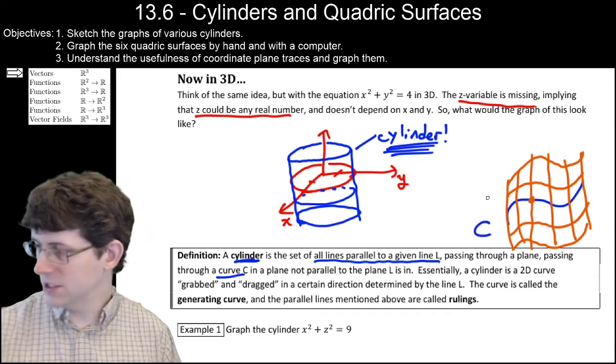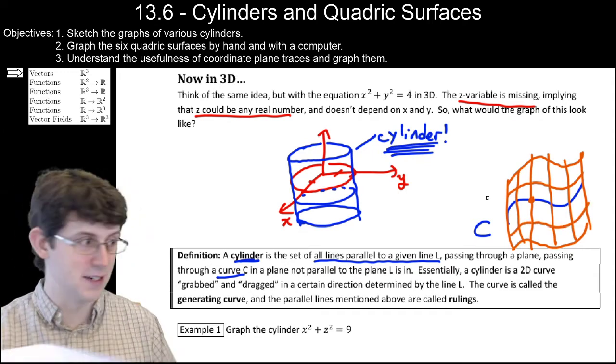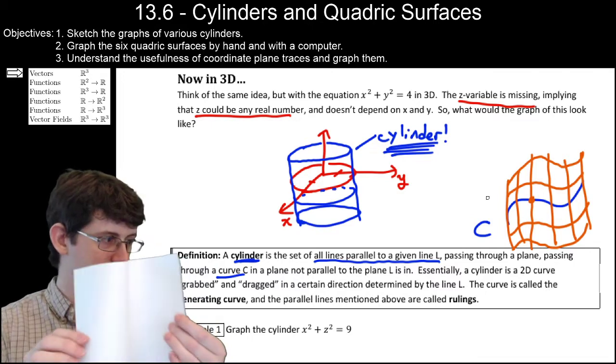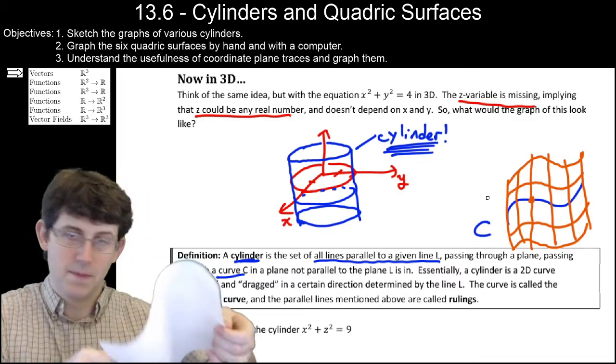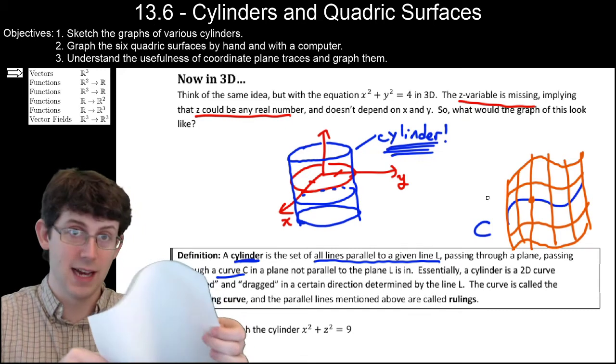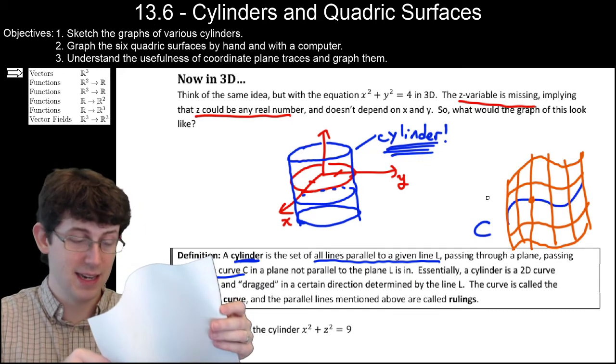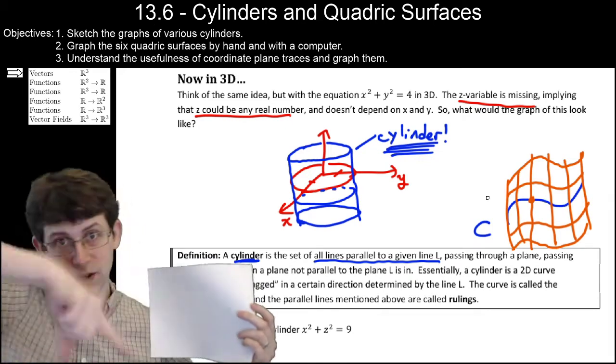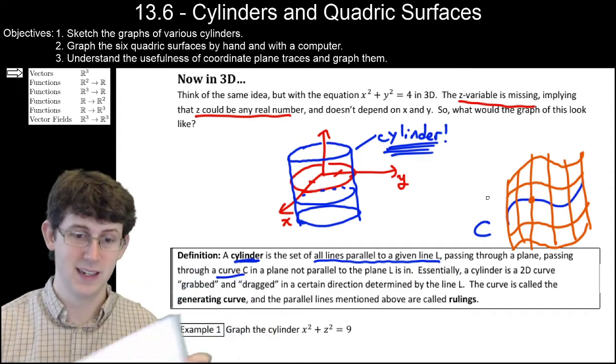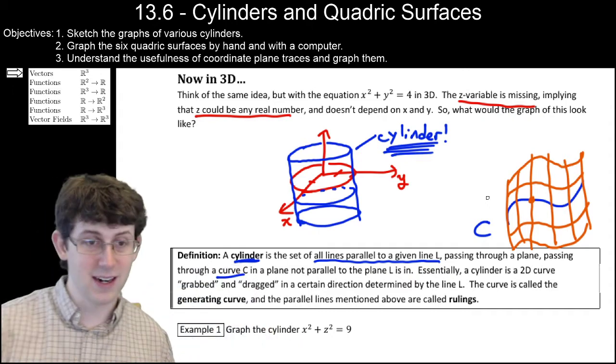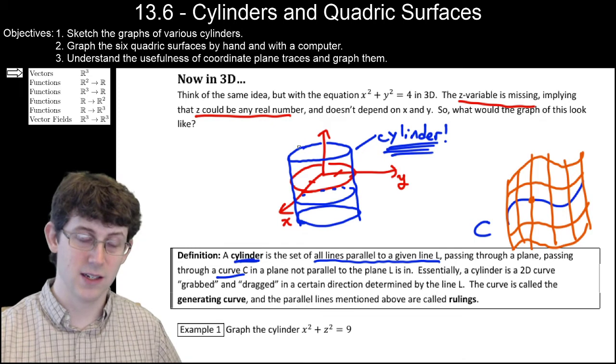But we call this sheet a cylinder because it's made of a bunch of vertical lines that are all parallel to each other, and you picked a base curve and you drew all these lines through that curve. So lots of things are called cylinders, not just these circular cylinders.